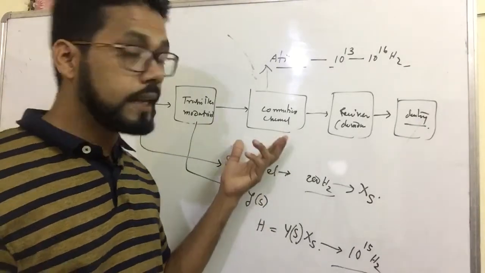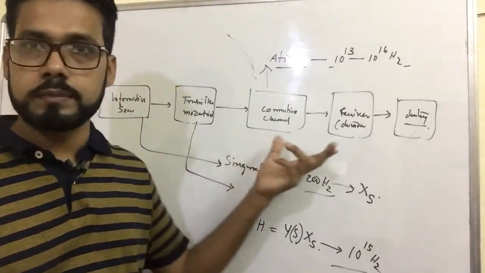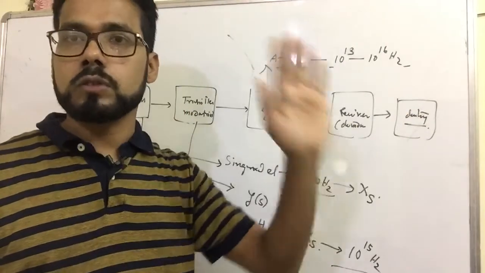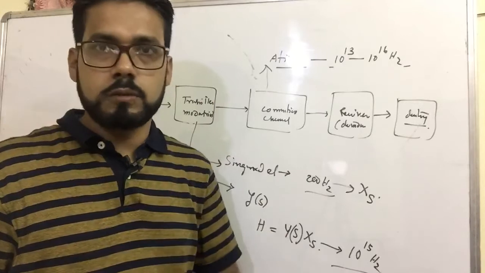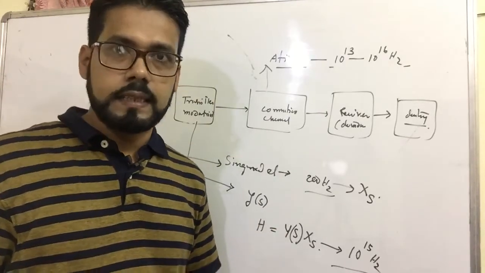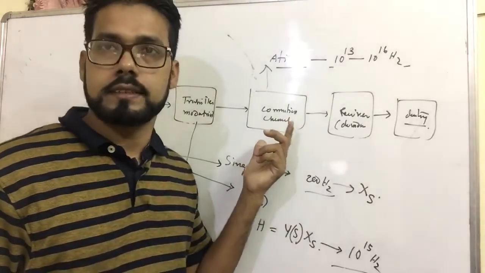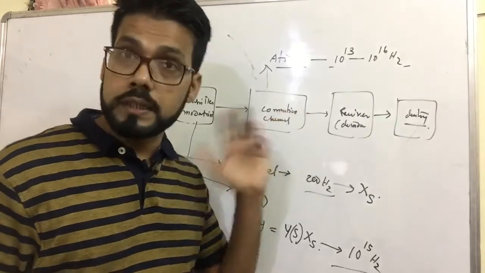Now, during transformation of the whole signal from source to receiver, there is a loss of signal information. Whether it is digital or analog, there will be loss, and this loss mainly occurs in the communication channel, along with interference loss.